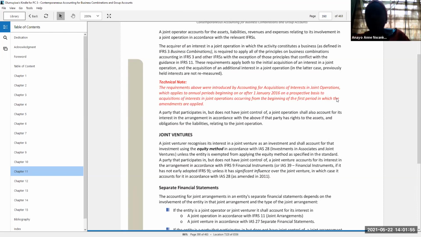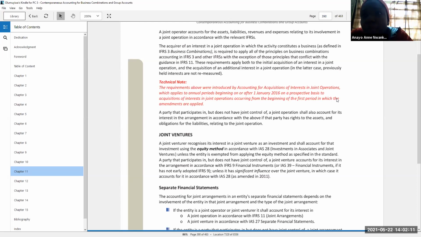All right. A joint operator accounts for the assets, liabilities, revenue, and expenses relating to its involvement in a joint operation in accordance with the relevant IFRS.